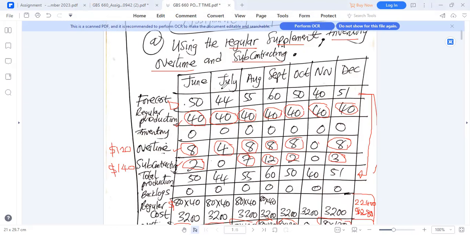Okay, we haven't met our demand, so we can go for overtime so that you meet the demand for these other months. So we have overtime of 4 because we couldn't meet our demand of 44 units. This was our demand. So in almost every month, we had an extra output because we had overtime and subcontracting. That's what it means, because on a level basis, we are producing a regular basis of 40 units, which was not enough to meet our demand. So we need an extra production so that we meet the demand.